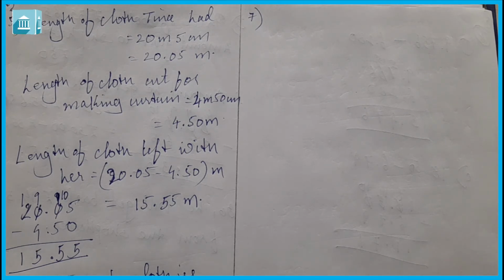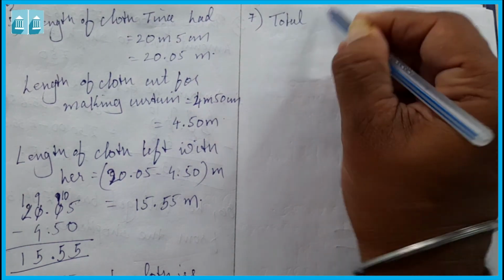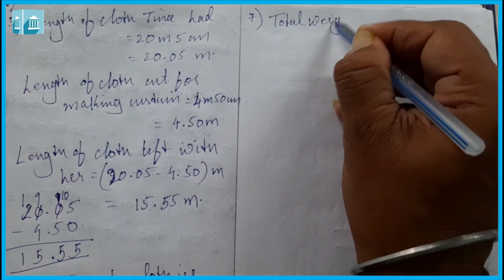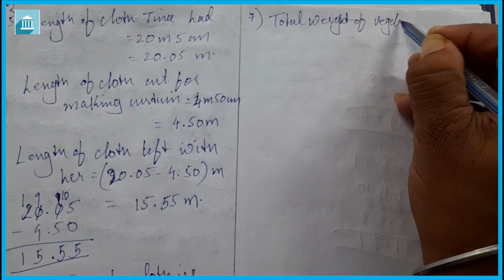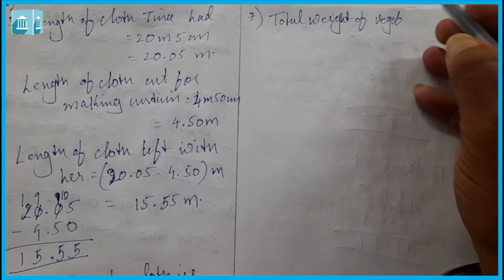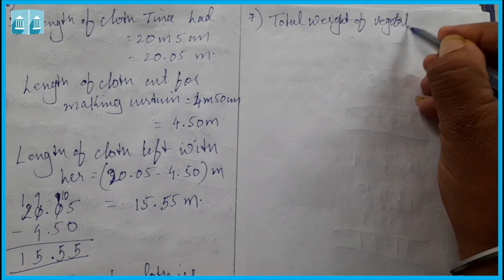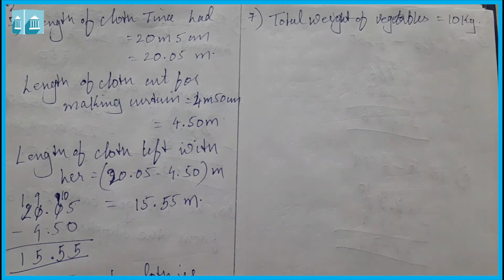Now the total weight of vegetables, meaning onion, tomato and potato all together, is 10 kg.